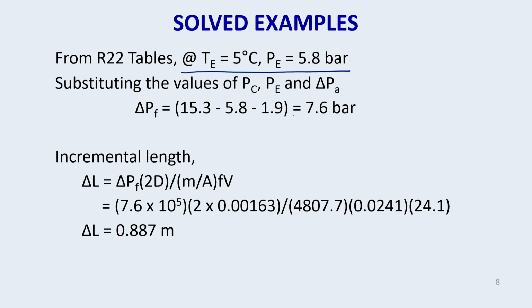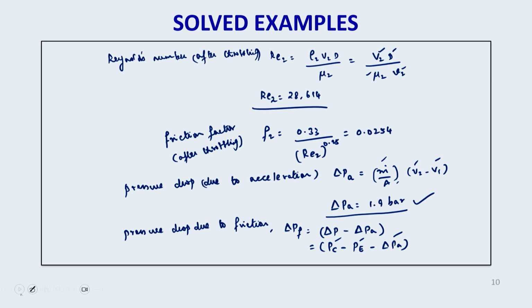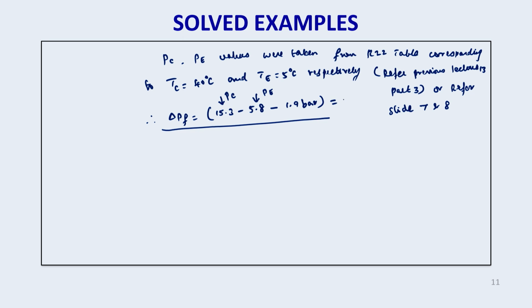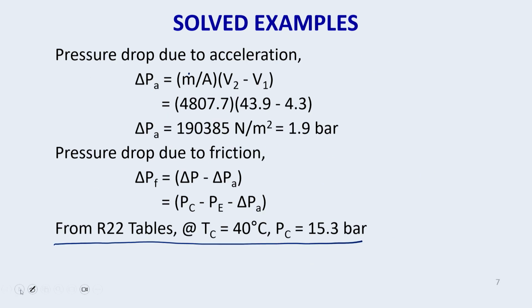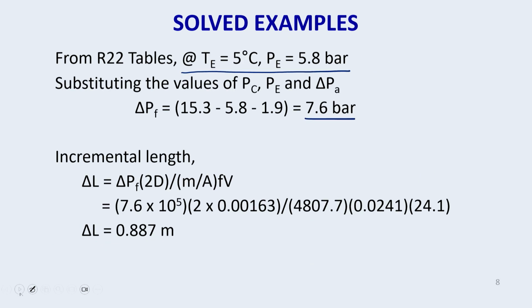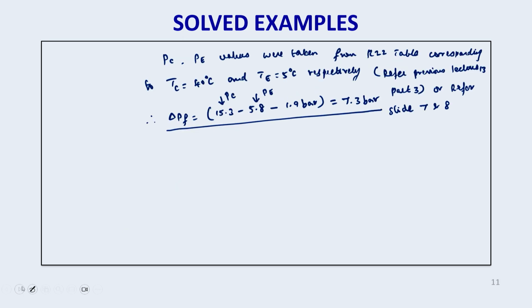When you calculate 15.3 minus 5.8 minus 1.9, it is 7.3 bar. Sorry, 7.6 bar.